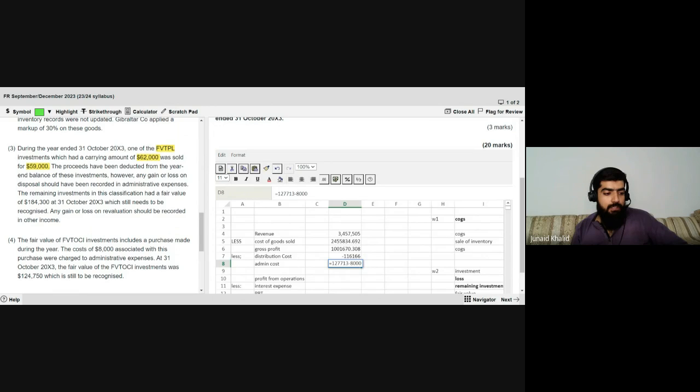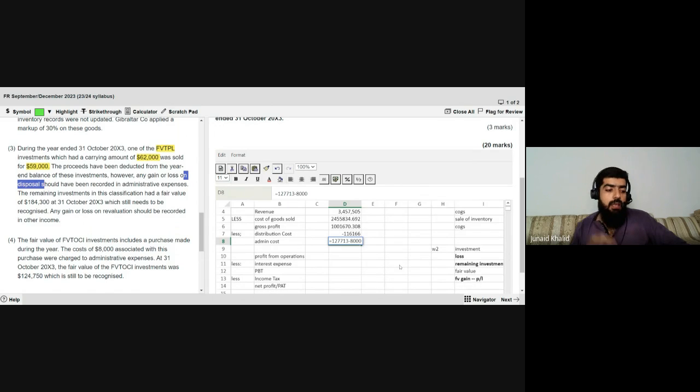The proceeds have been deducted from the end balances. However, any gain or loss on disposal should have been recorded in the admin expenses. But it clearly states that the gain or loss had not been recognized, so we need to recognize the gain or loss.